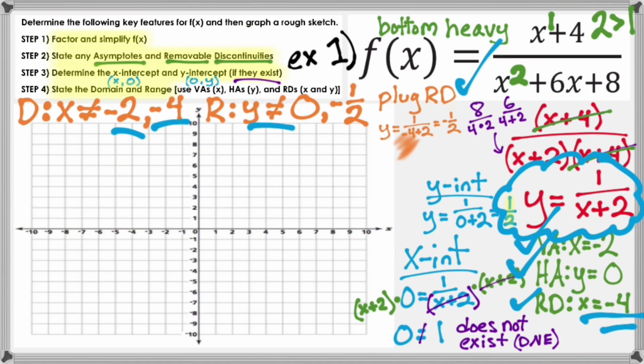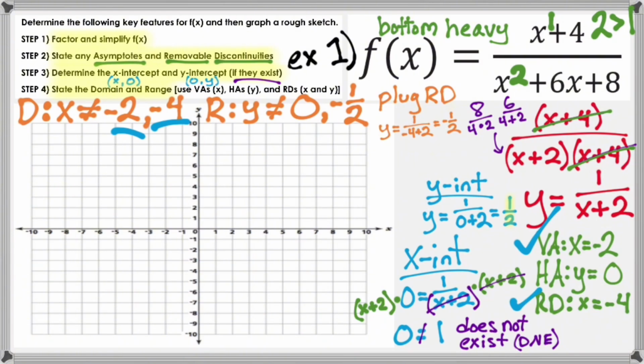And when you do that, you would get -1/2, which is the y value of your removable discontinuity. Again, the previous video goes into that with a little more depth, so go and check it out if that is something you need to do.